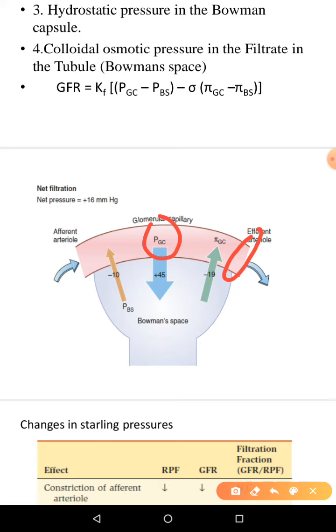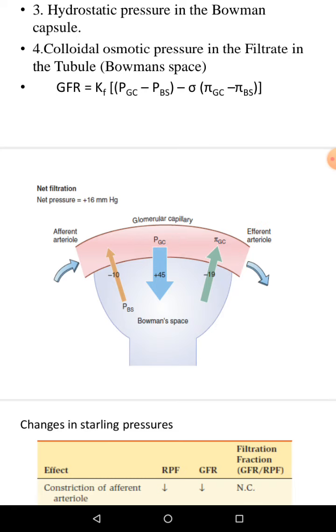Yet, the effect on glomerular filtration rate is opposite. Glomerular filtration rate increases because blood is restricted from leaving the glomerular capillaries, causing the PGC and net ultrafiltration pressure to increase. An example is where there are low levels of angiotensin 2.